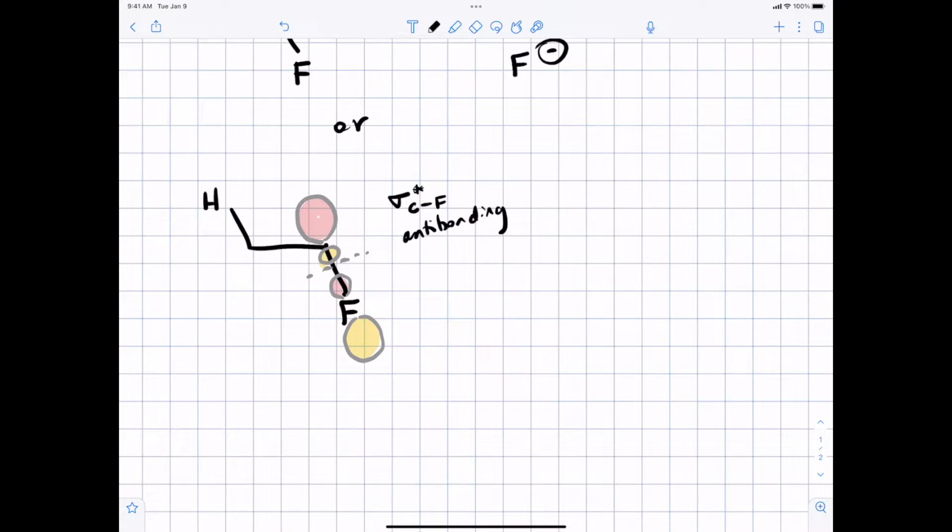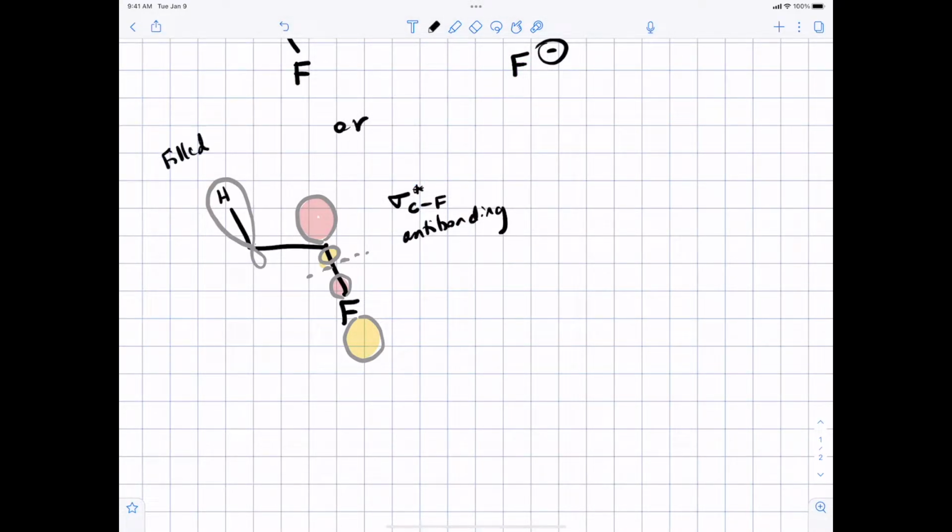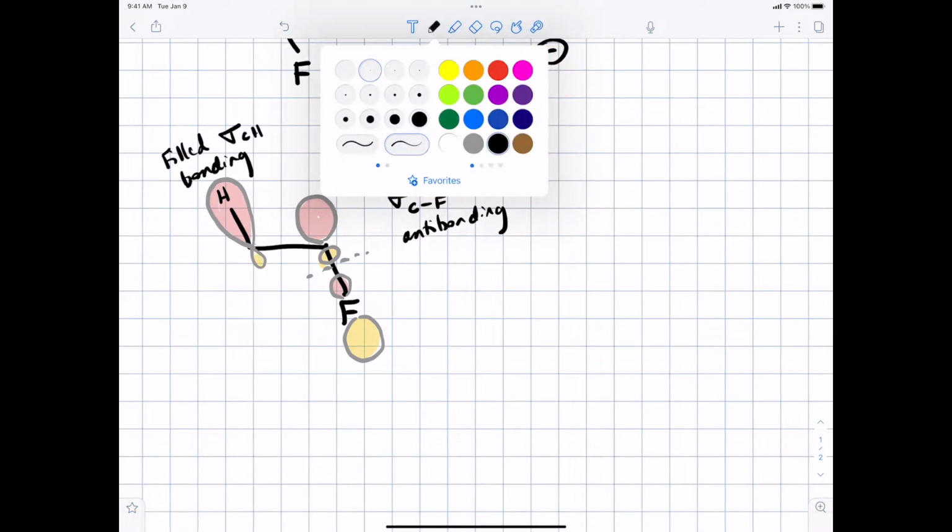And if you line the carbon-hydrogen bond up with that sigma star, you create a situation in which a filled, this is what we would draw for a filled carbon-hydrogen sigma bonding orbital. And we can, if you want, draw electrons in there.